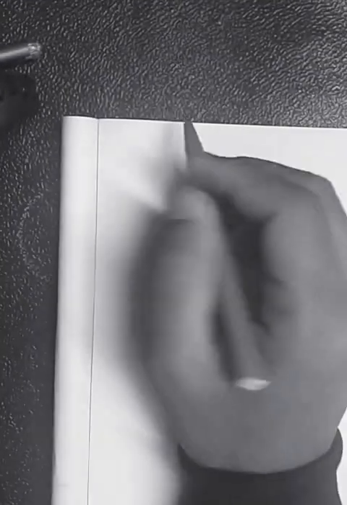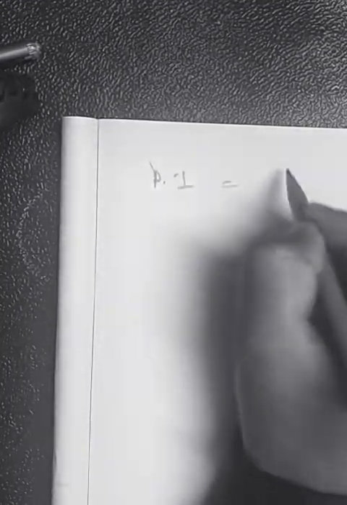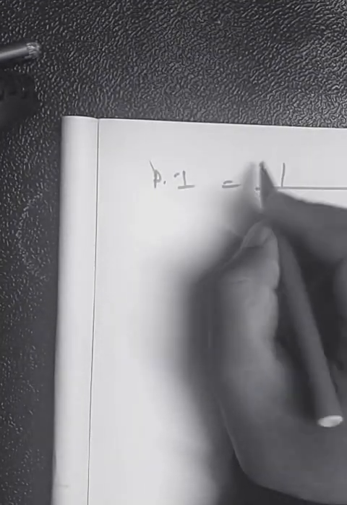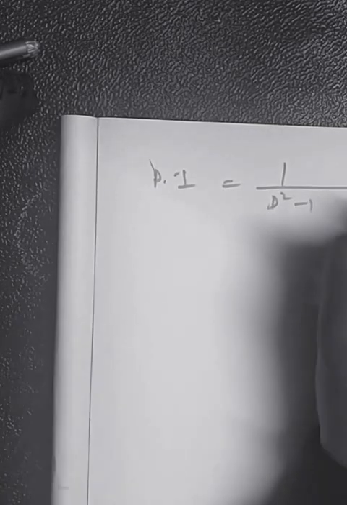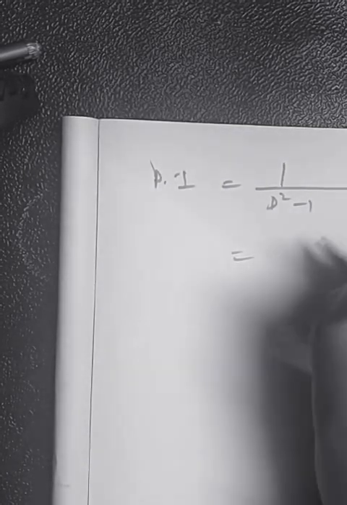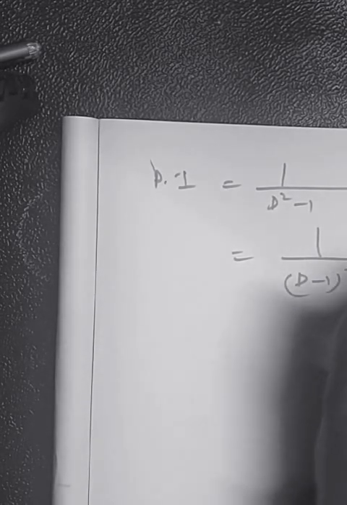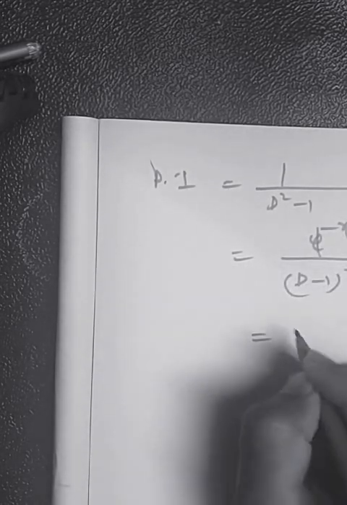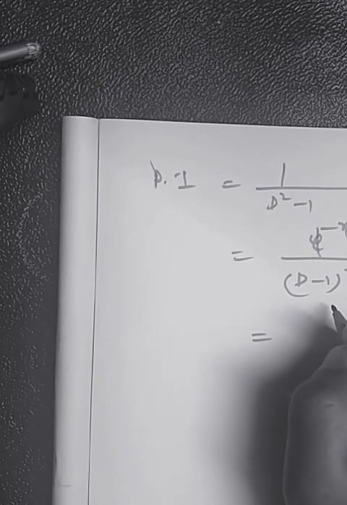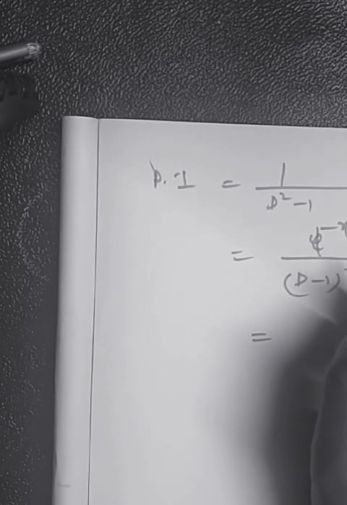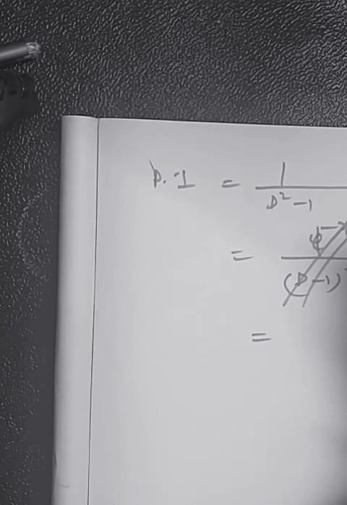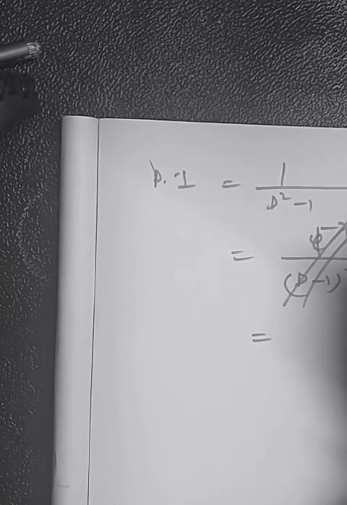So for the particular integral we have to find 1 by (D square minus 1) of e to the power minus x. That means 1 by ((D minus 1) whole square minus 1) applied to e to the power minus x, which is 1 square, that means 1.